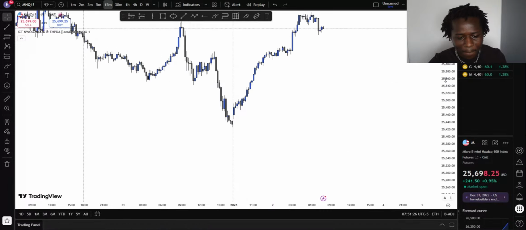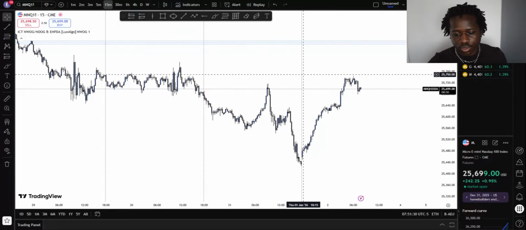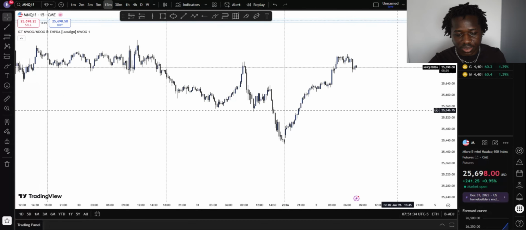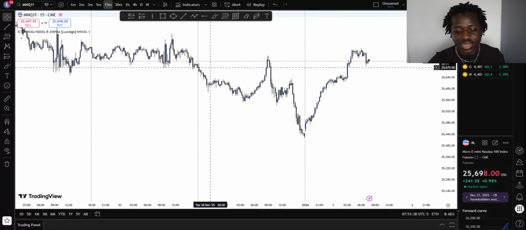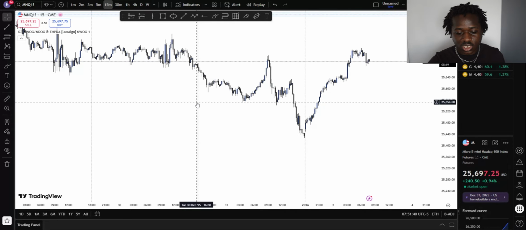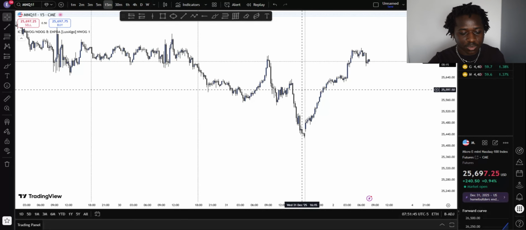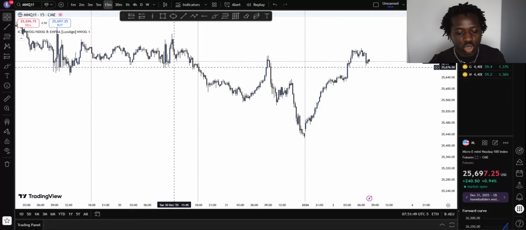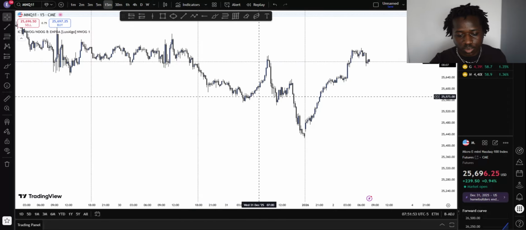Okay. On my chart, you can see that I have these black dotted vertical lines, right? These lines are called session breaks, and they show me a day of price action. So from this black line to this black line is 1 day of trading. From this black line to this black line is 1 day of trading. So this is 1 day of price action on the Nasdaq micro.